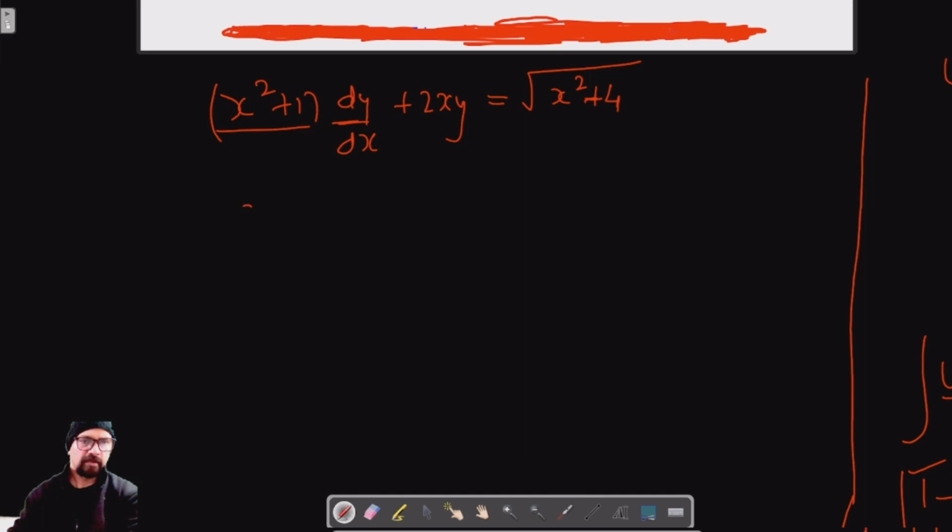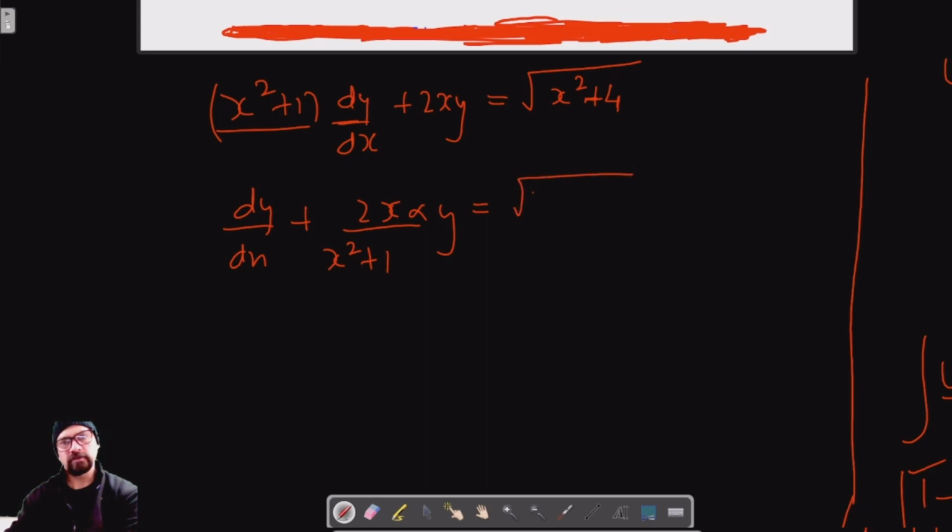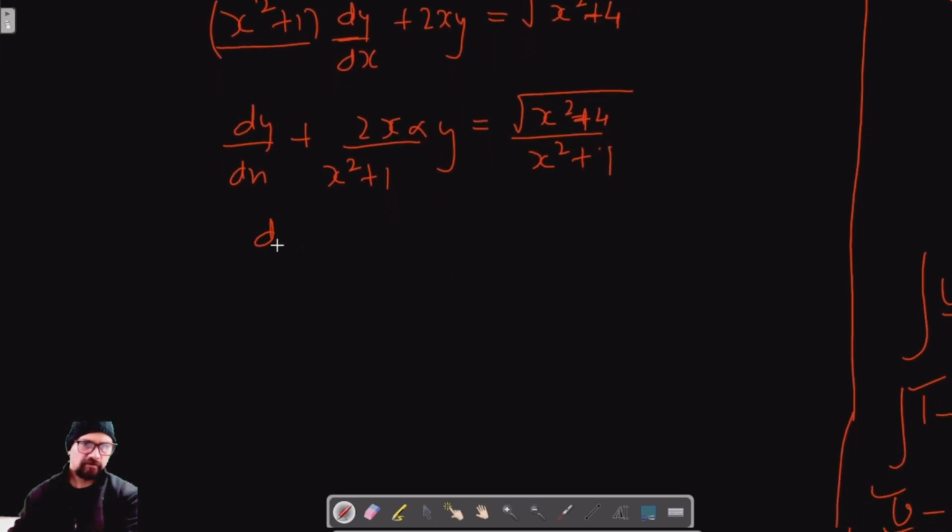Let's try to eliminate this x squared plus 1. So dy upon dx plus 2x upon x squared plus 1 into y is equal to under root x squared plus 4 upon x squared plus 1. Now this seems to be of the form dy by dx plus py is equal to q.